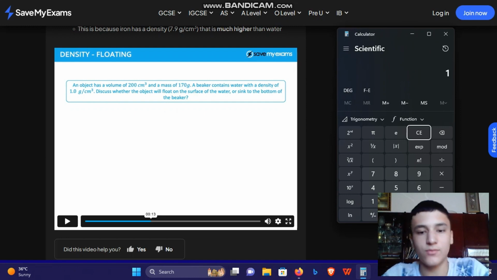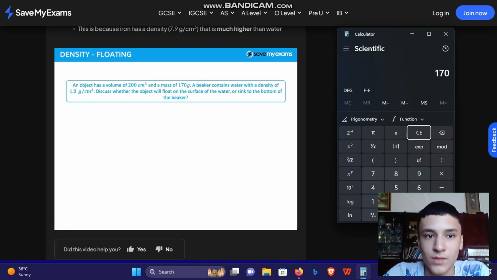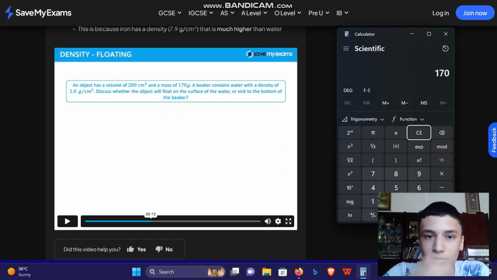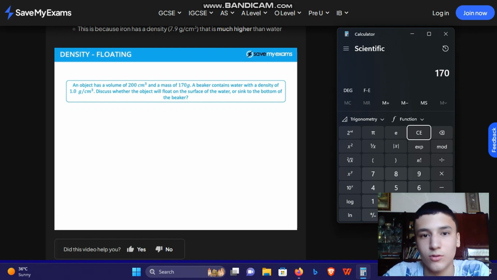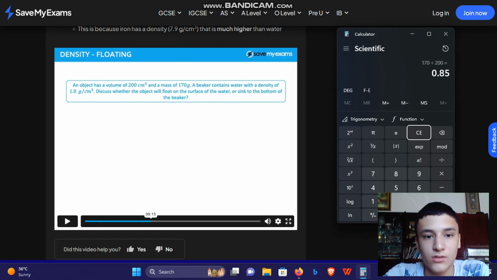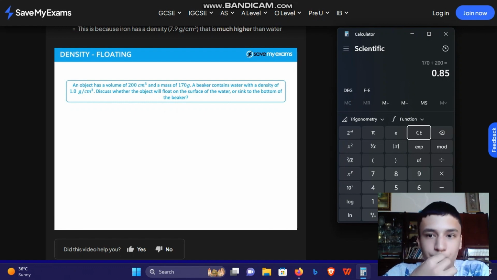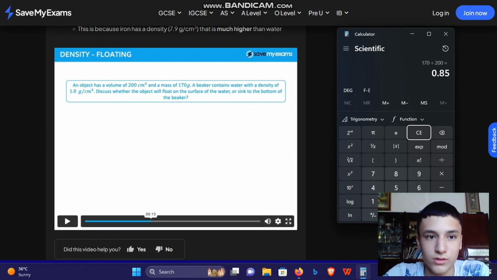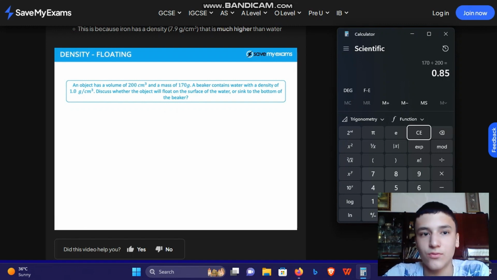We have a mass of 170. We must be careful: it's grams, and the volume is in centimeters cubed, and the water density is also in grams per centimeter cubed, so we don't have to convert anything. We divide the mass by the volume, so it's 0.85. That is less than 1.0.